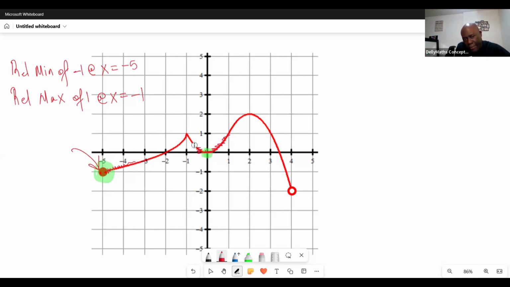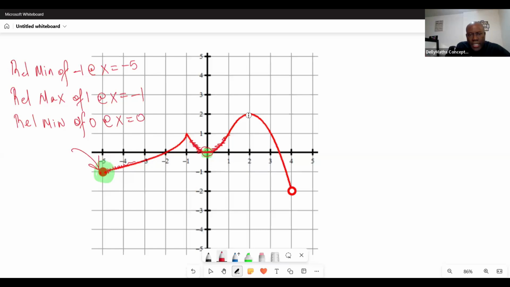And when we step to the left of it, they're higher. So this is a relative minimum at 0. X is 0, Y is 0. It is a relative minimum of 0, and it occurs where x is equal to 0.